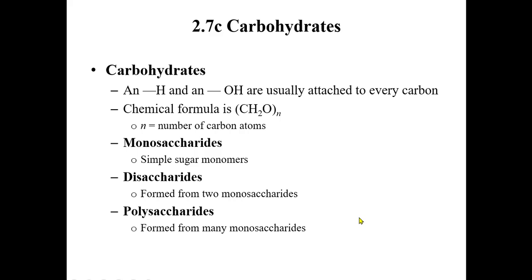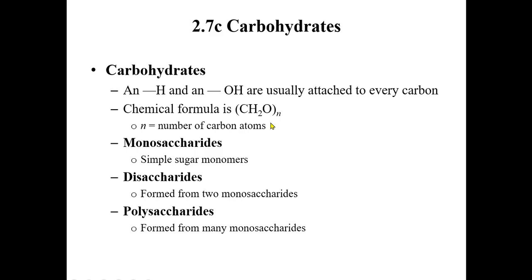Now comes the categories of carbohydrates. We have the monosaccharide, which is the simplest form, the disaccharide, and then the polysaccharide. Notice they follow the same structure: monomer, dimer, polymer.